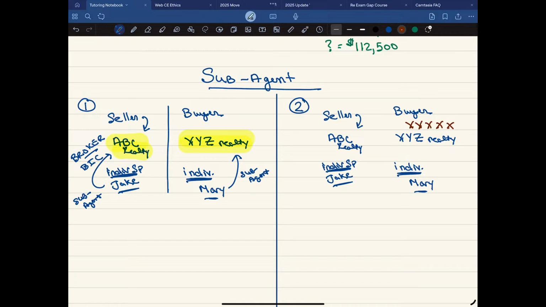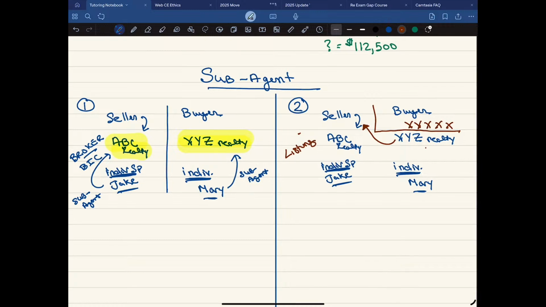So one option is that the buyer would be all by themselves and XYZ would be a second firm for the seller. The seller has two firms: the seller's listing firm, because this property was listed by them, and the selling firm. But both of them owe fiduciary duties to this seller.